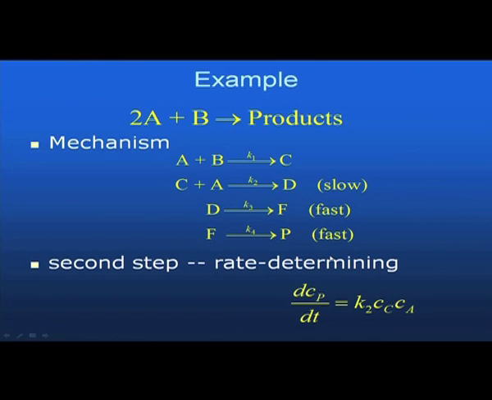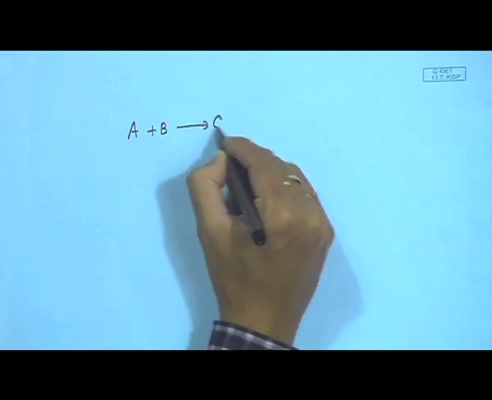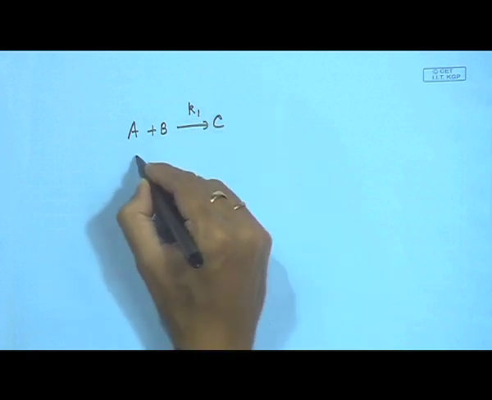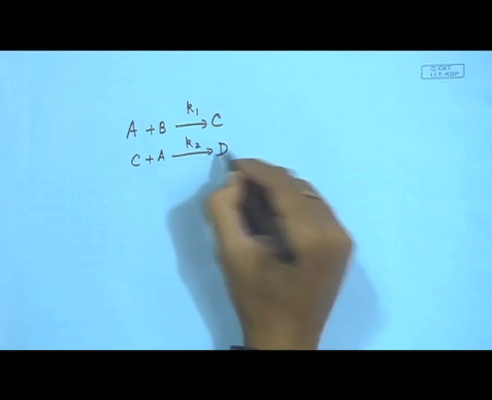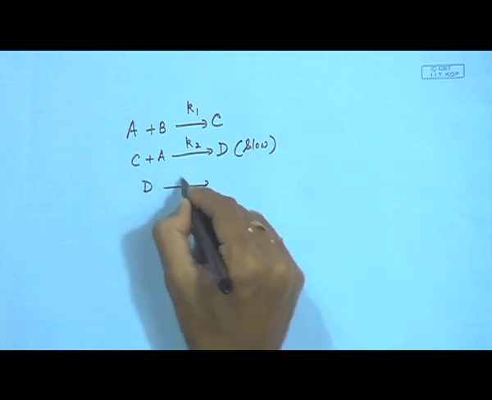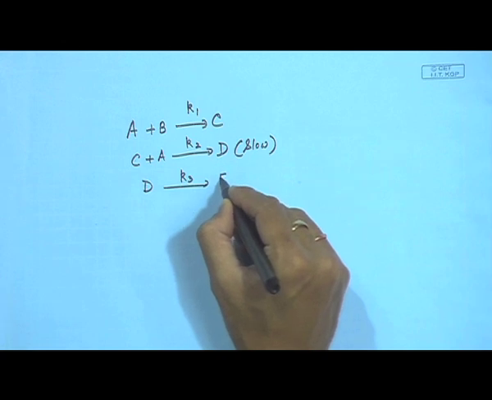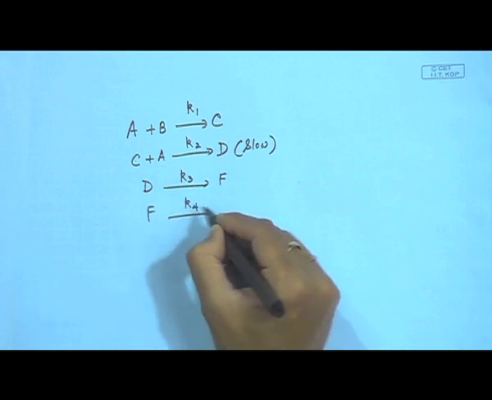So, let us have an example: 2A plus B giving rise to products, and the mechanism of such a process is like A plus B giving rise to C with rate constant K1, then C plus A with K2 giving rise to D, it is a slow step, then D with K3 giving some F, then F with K4 giving rise to product.